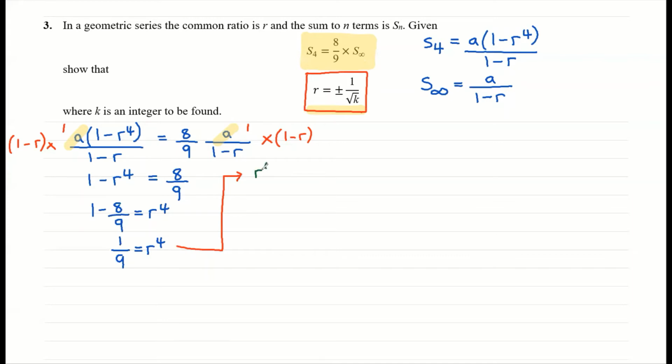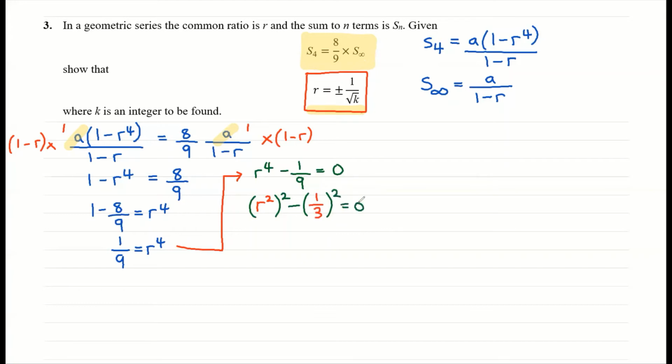If you write R to the power 4 subtract 1/9 is equal to 0, and just note that this is R squared all squared subtract 1/3 all squared, like this, and this equals 0.